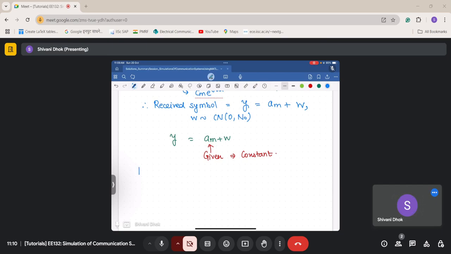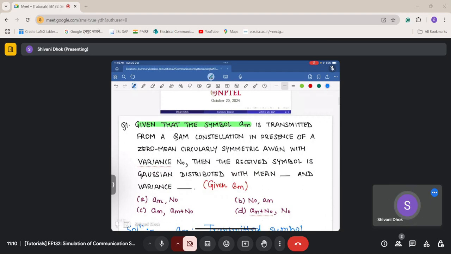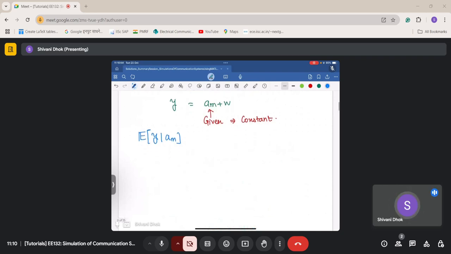So we have expectation of Y given AM. This is the first thing that we need to find. So it is Gaussian distributed with mean what and variance what. Okay, so we need to find this mean, expectation of Y given AM. So this is equal to expectation of, what is your YM? YM is AM plus W given AM.